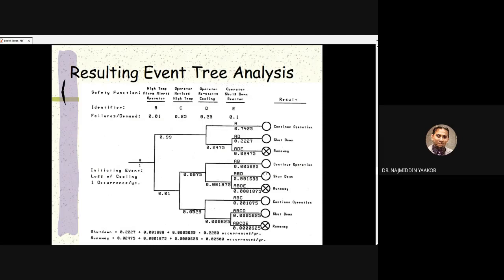Right? And if you have a failure right now, which is 0.25 is here. 0.25 is a failure. But over here, the operator shuts down the reactor. So if you have the operator shut down the reactor, A times D, what is A? A is the 0.7.25, times 1 minus 0.1, and 0.2475.